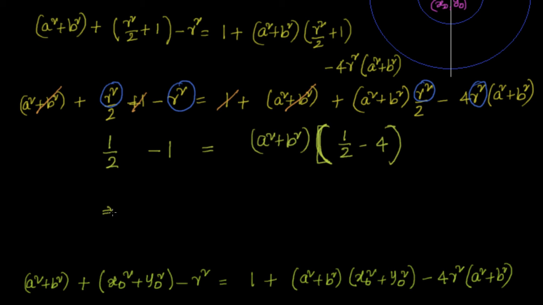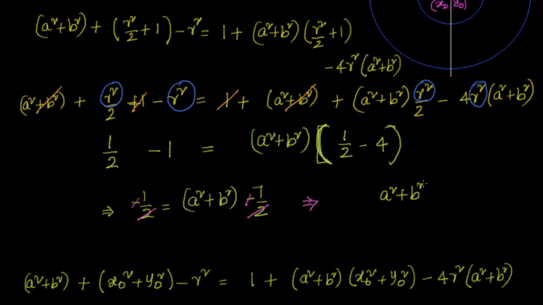So if you simplify that, that's equal to minus 1 by 2 equal to a square plus b square into minus 7 by 2. Now 2 will cancel, 2 will cancel, we have minus minus cancelling, left out is a square plus b square equal to 1 by 7.